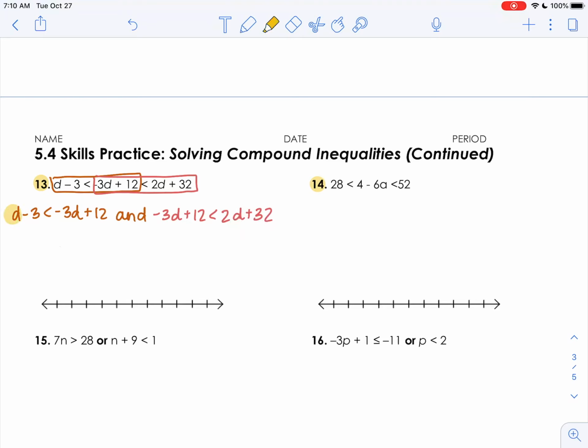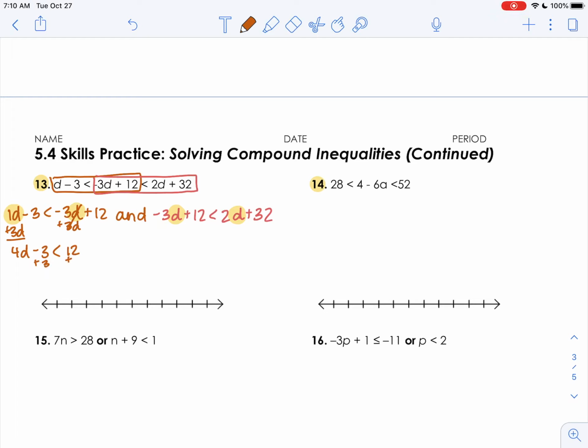Now we can just solve each one for d, graph and look for the overlap. This one we will actually be able to solve. So starting with the first one, I'm going to get my d's together by adding 3d to both sides and showing that work. I have 1d plus 3d, which is 4d minus 3 is less than 12.